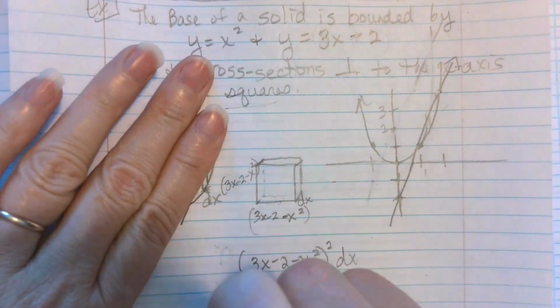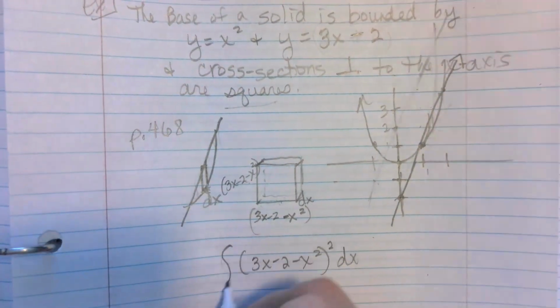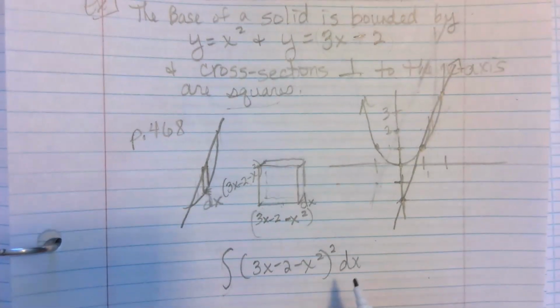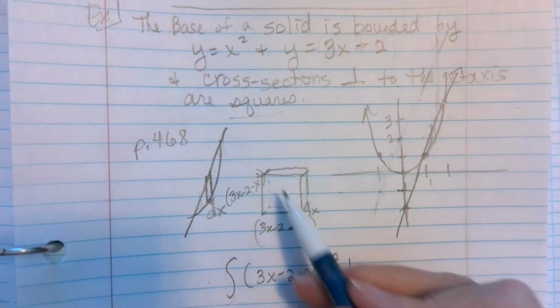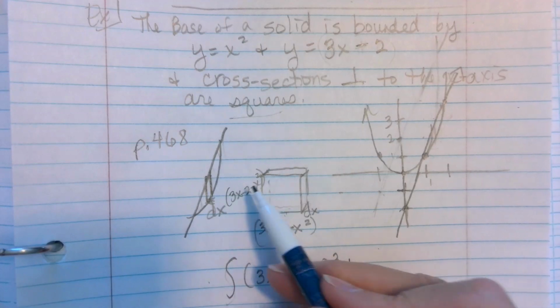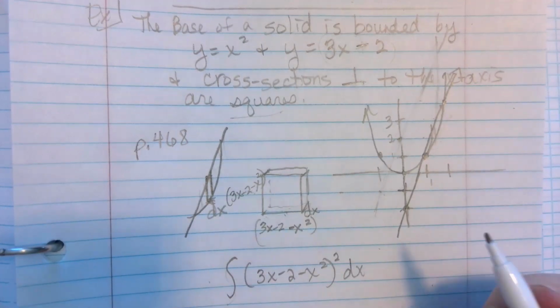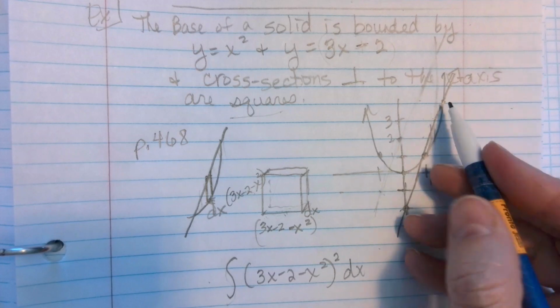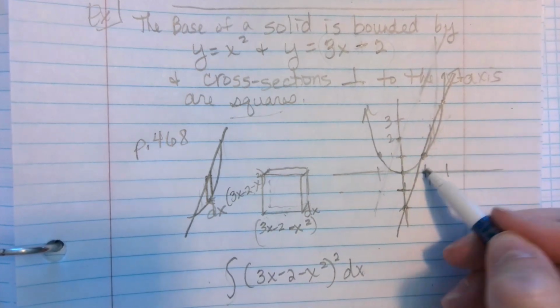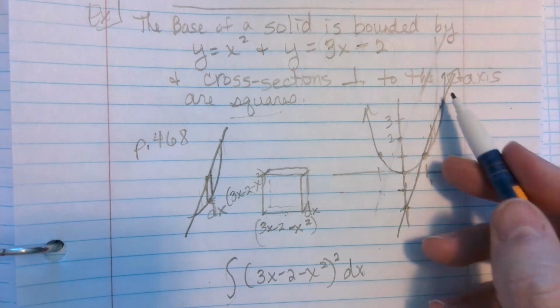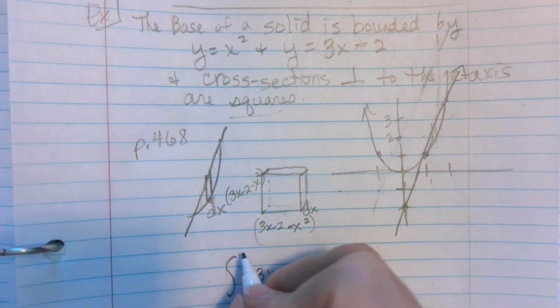But what's that called? Anyway, the easy part here is there's no pi, because there's no pi in the area of a square. It's just side squared times the thickness. We do need to know where the x values go from. And clearly it was from x equals 1 to x equals 2, right?